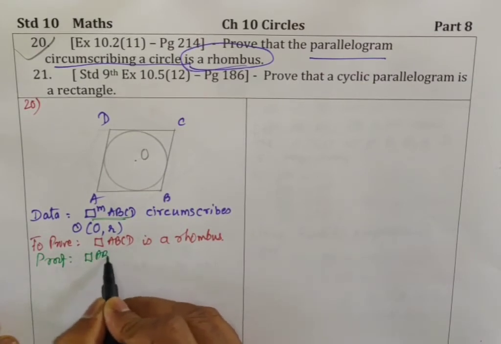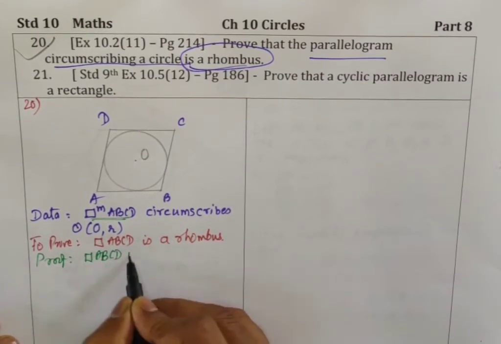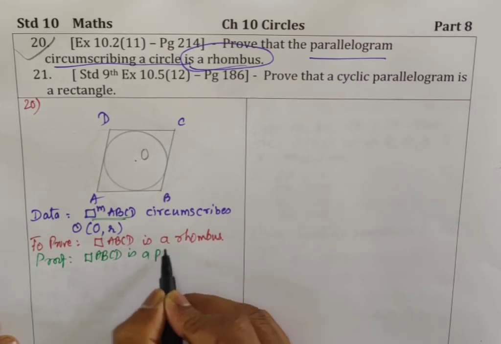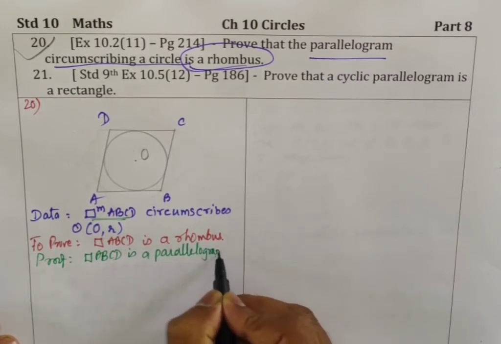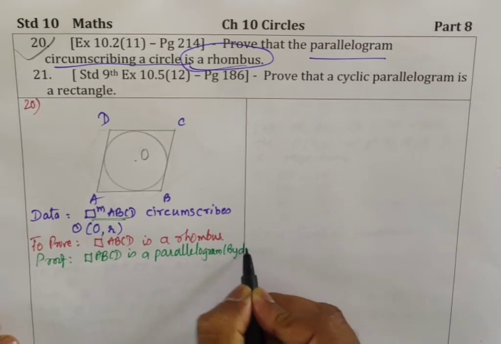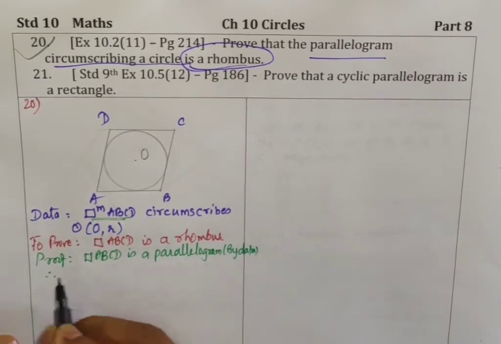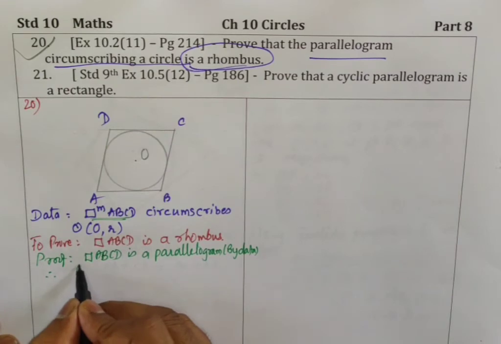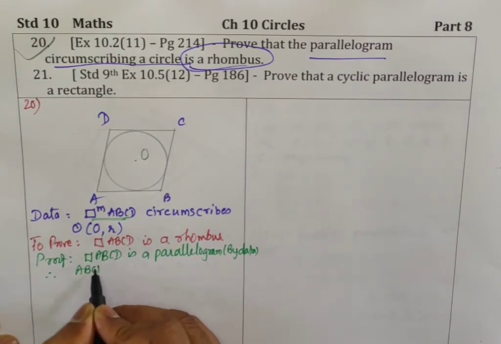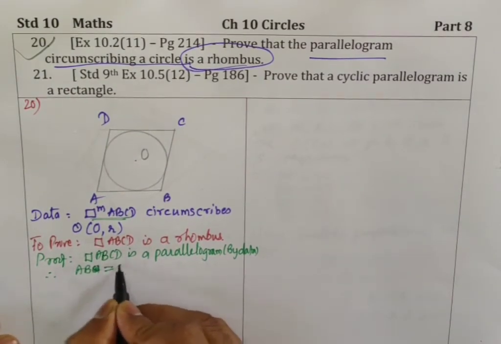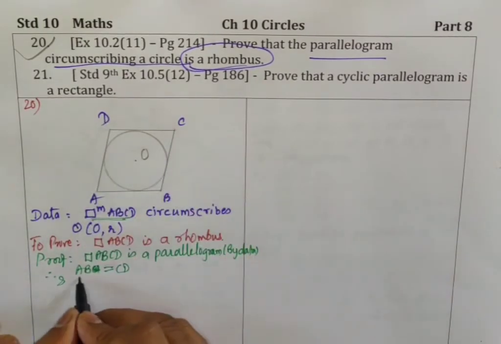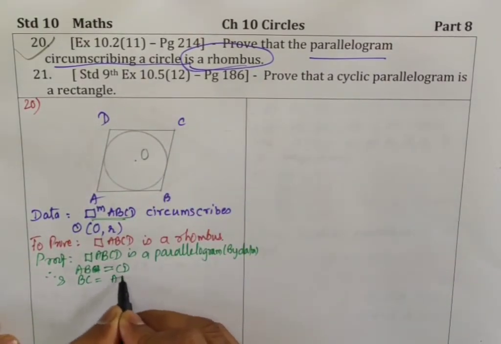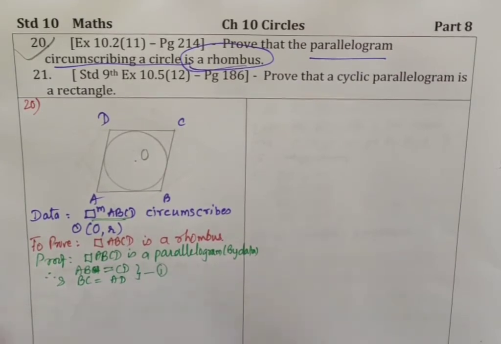Quadrilateral ABCD is a parallelogram. Where did we get that? By data. Therefore, AB equal to CD and BC is equal to AD. Call it result number 1.